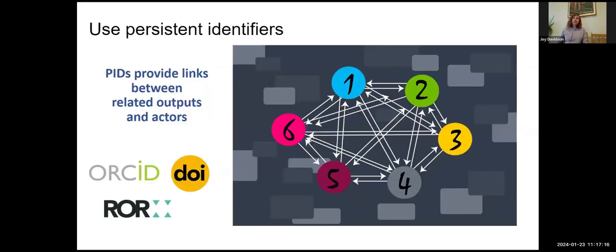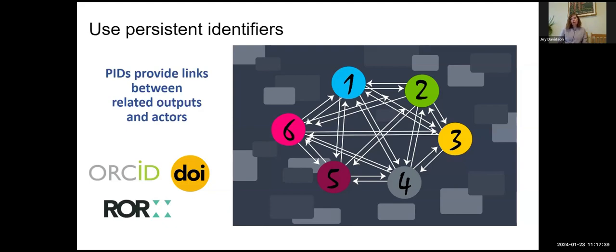Persistent identifiers, as I mentioned, are a really crucial part of the FAIR principles. There are lots of different kinds of persistent identifiers available that can identify different kinds of outputs. So we have research data, obviously, which is one that we're all aware of. Publications, we're all aware of them, and being able to link between them is great.